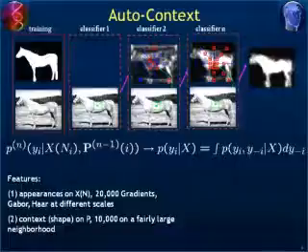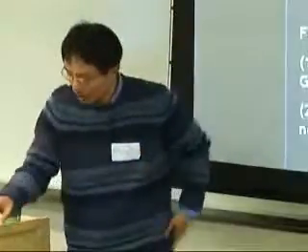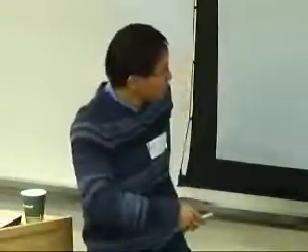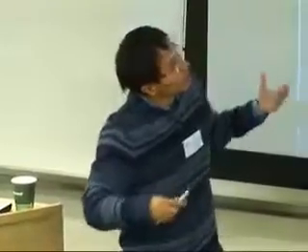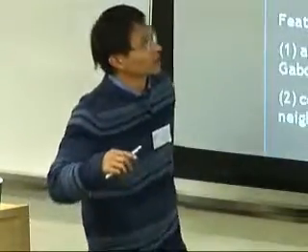For the features, you can compute the appearance features on all these gradients, even face detection, like Viola-Jones type features can be used. And also context, you can let the algorithm select a fairly large number of context information in this framework.